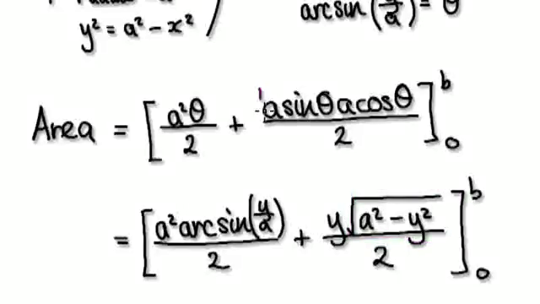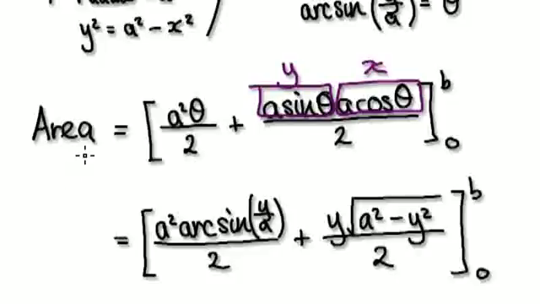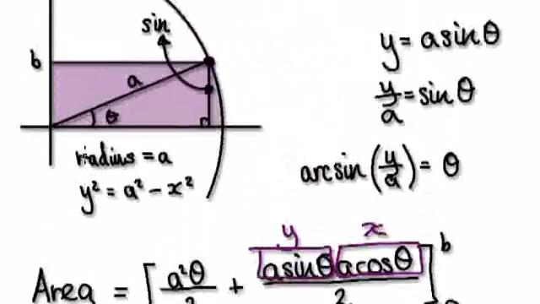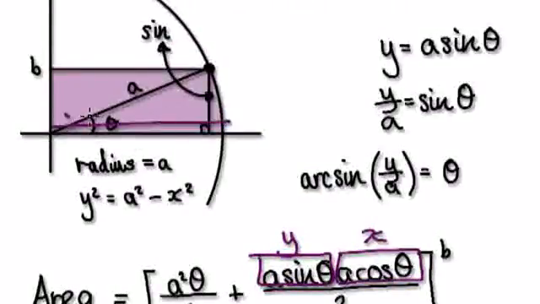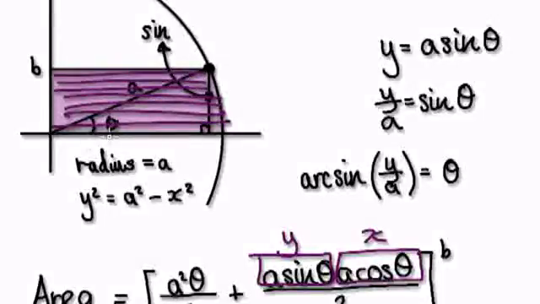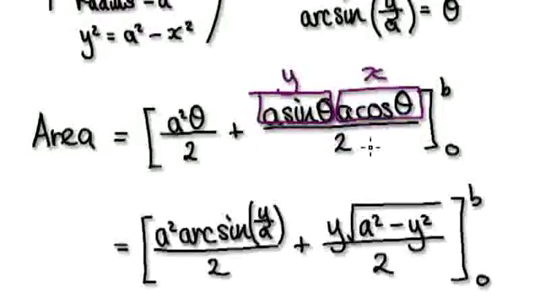Badly explained, forgive me on this. So this thing here is y. This thing here is x, but we don't want it in terms of x. We are moving in the y direction. So no matter where y is, we need to express the x length in terms of y. Well, the way we do that is by rearranging this equation here.